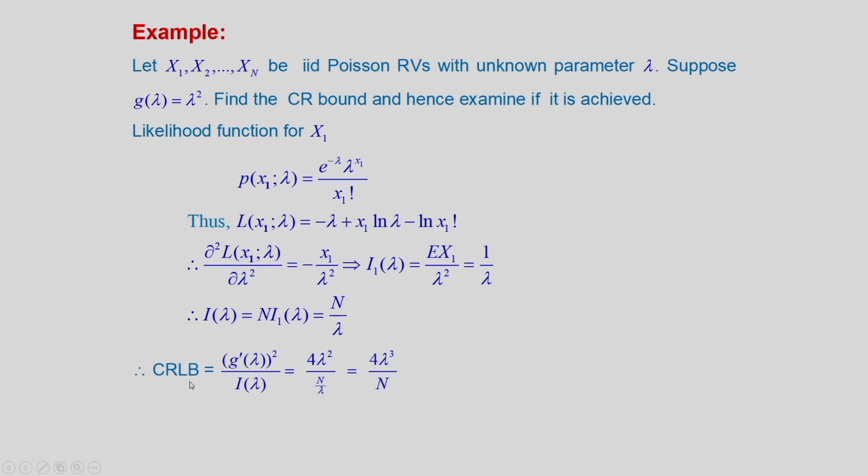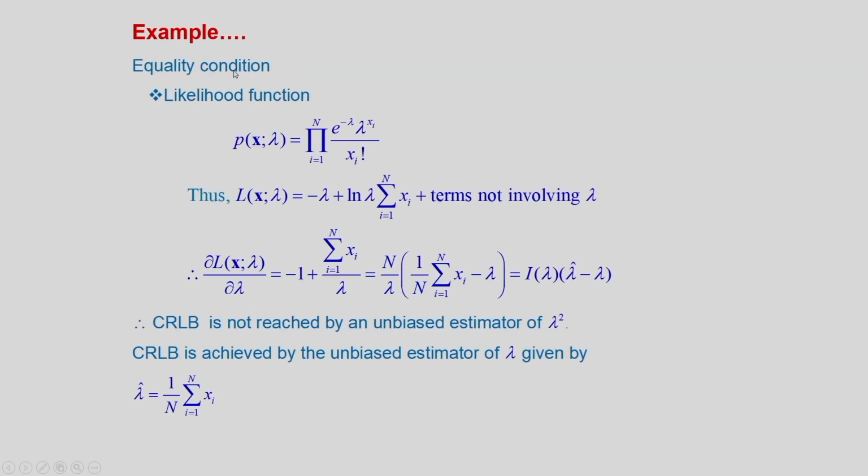Therefore, the Cramér-Rao lower bound (CRLB) is equal to g dash of lambda square divided by I of lambda, that is equal to 4 lambda square, because if we take the derivative, this will be 2 lambda, squared will be 4 lambda square, divided by n by lambda, and that is equal to 4 lambda cube by n. This is the CRLB for any unbiased estimator of g of lambda.